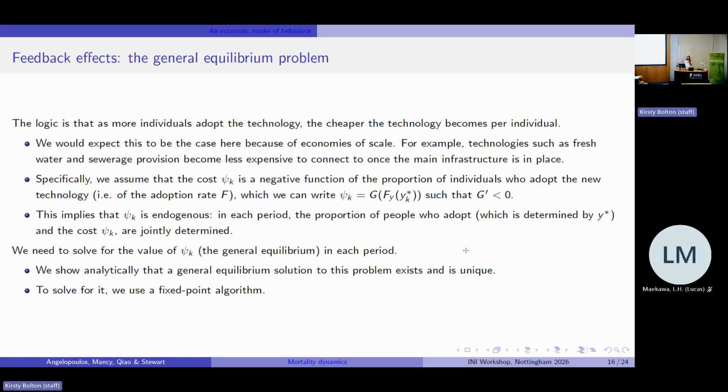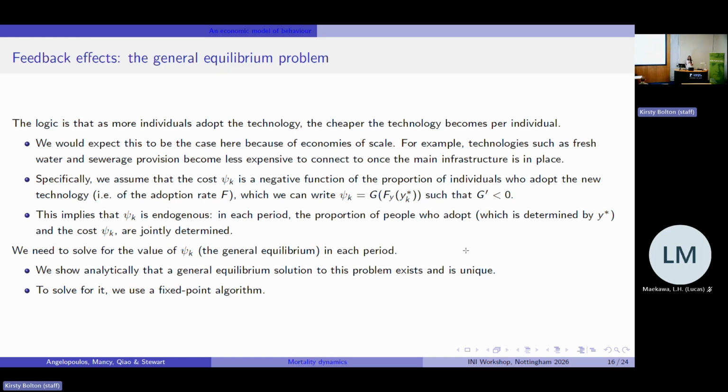And once the infrastructure to connect people is there and the people who are doing that connection exist and are well trained. So we assume that the cost, psi k, is a negative function of the proportion of individuals who adopt, the adoption rate F. And we can write that down as we see on the slide. And all of this implies that psi k is endogenous.